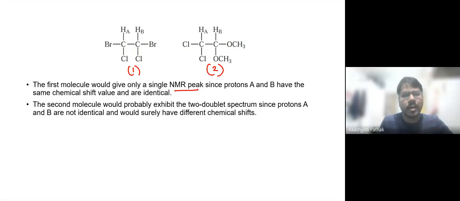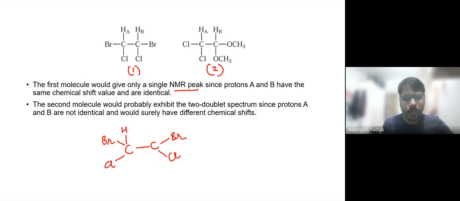So for this molecule, first consider this molecule, bromine, carbon. If we plot the proton NMR spectra of this molecule, how does the proton NMR spectra look like?